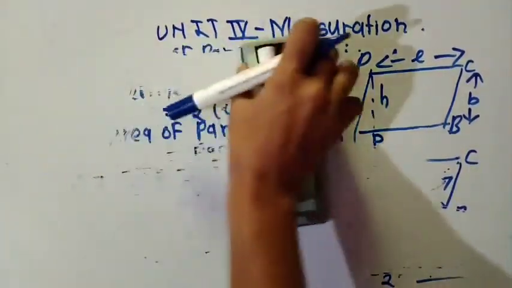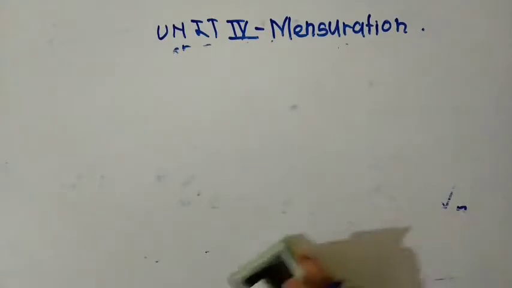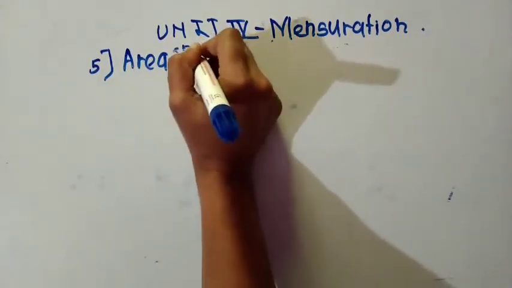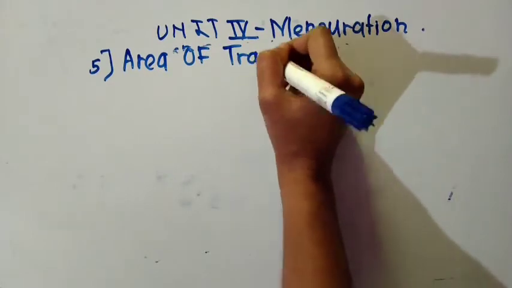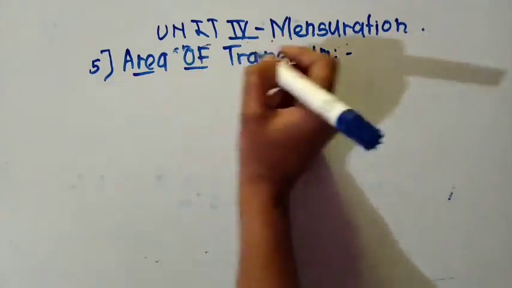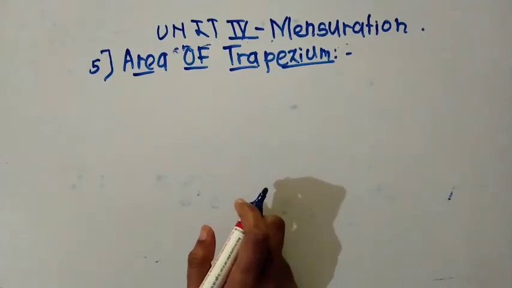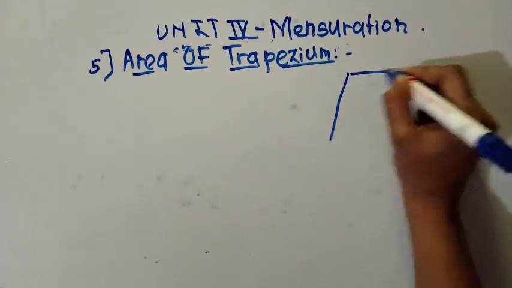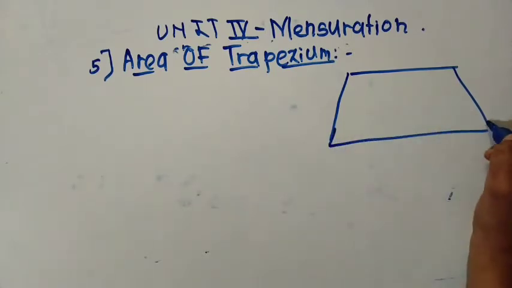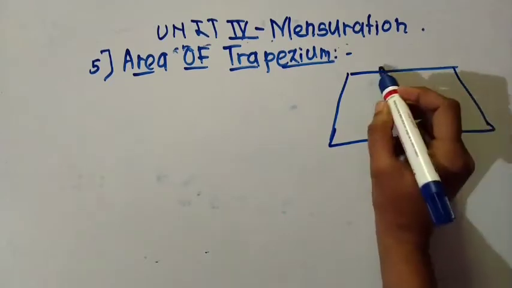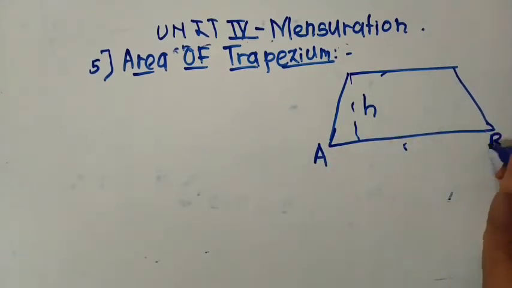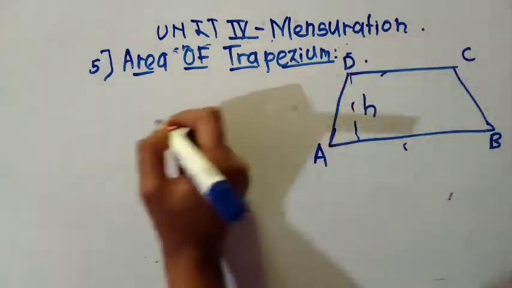Then fifth is area of trapezium. Trapezium is a quadrilateral having one pair of opposite sides parallel. ABCD is the trapezium.